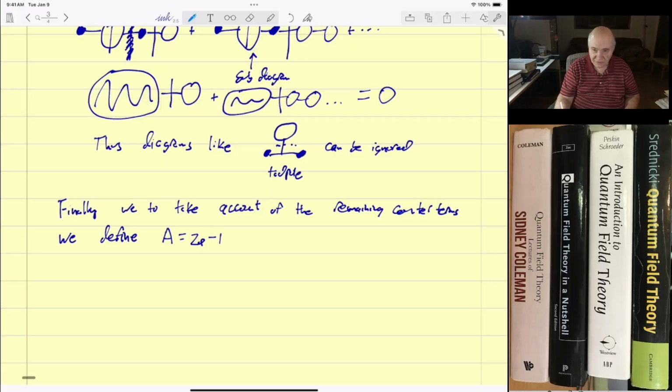Remember, we expect the z's to be of value 1 plus order g squared, so when we subtract 1, we expect the a's and the b to be of order g squared. And the actual counter terms in the Lagrangian or the Hamiltonian were 1 minus 1/2 a partial mu phi minus 1/2 b m squared phi squared.